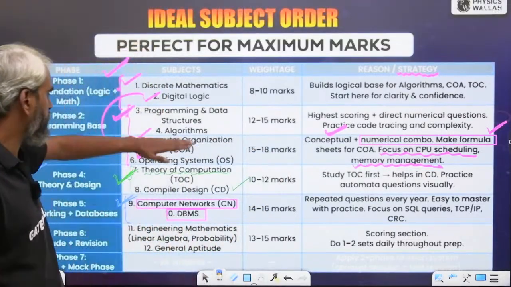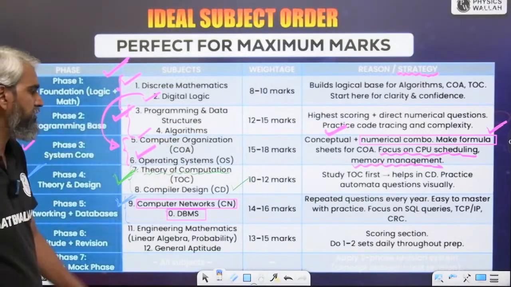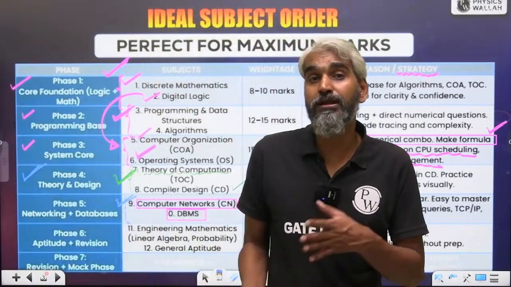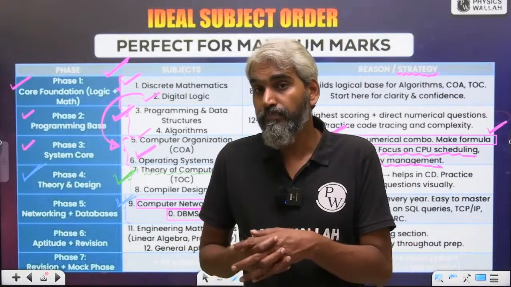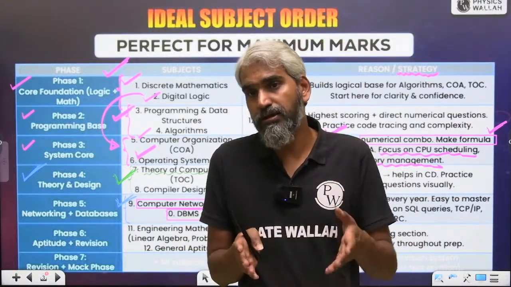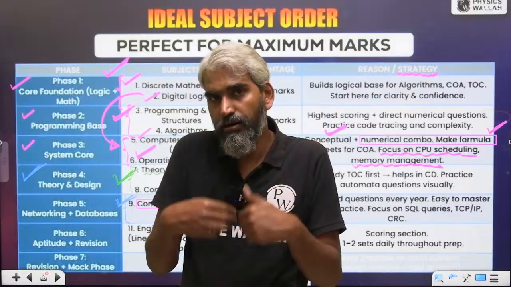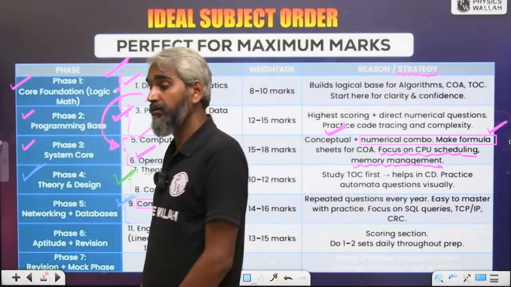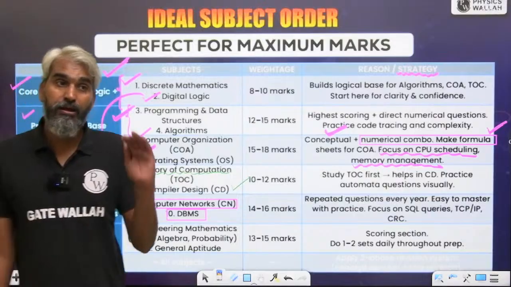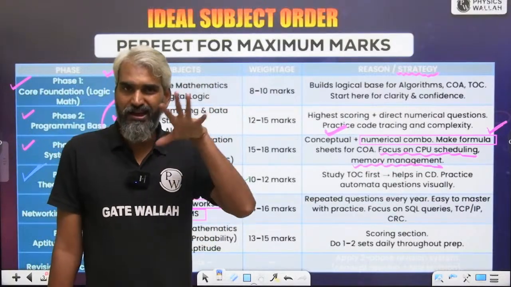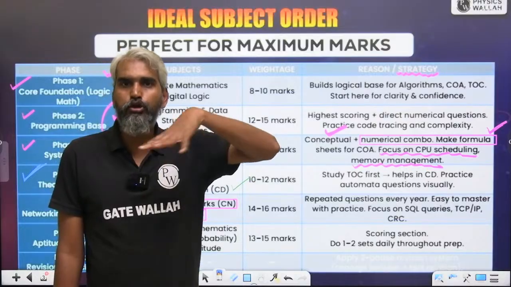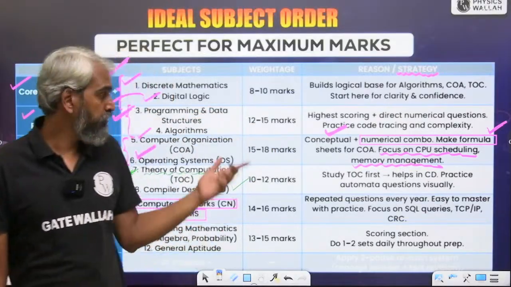If we talk about system subjects, that is computer organization and architecture, and operating system, then the question that will be asked in the GATE exam will be related to the concept that you have studied in your classroom program, but it will again require some extra analysis, or some aptitude to answer those questions.